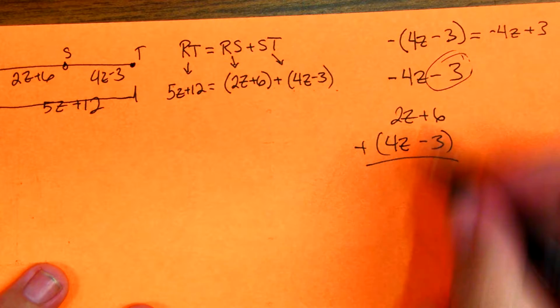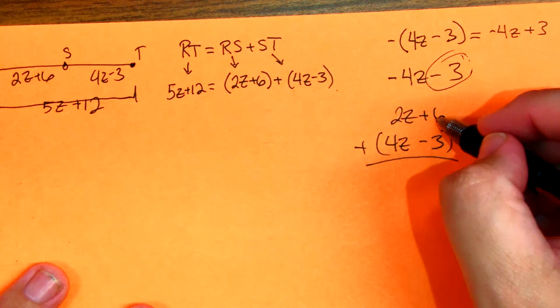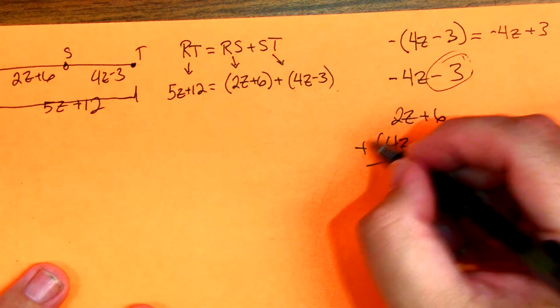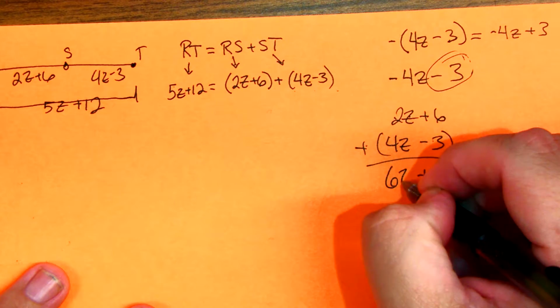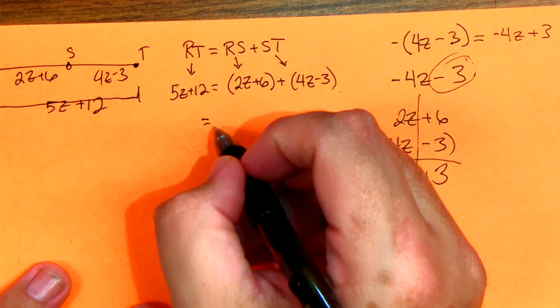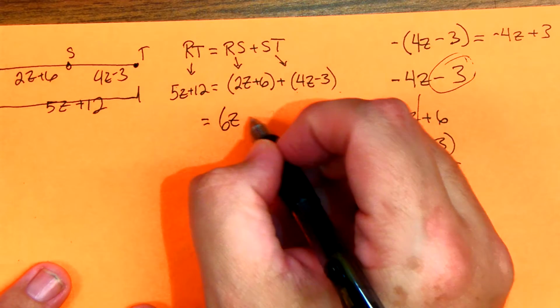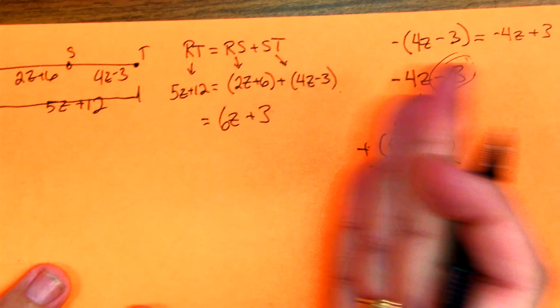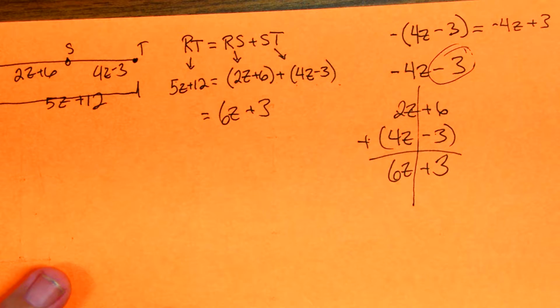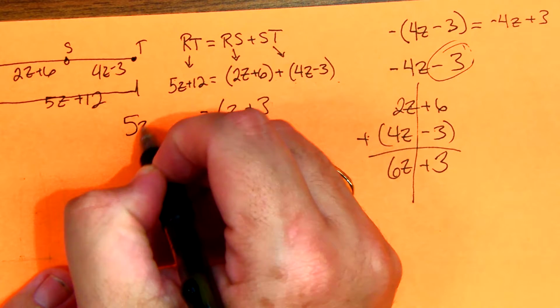So I would take 6 plus a negative 3, so it's 6 minus 3, which is 3. 2Z plus 4Z is 6Z. I line them up by like terms. I get my answer without any problem whatsoever because my like terms are all lined up. Everything's in the right spot. Now I've got my 5Z over here plus 12.